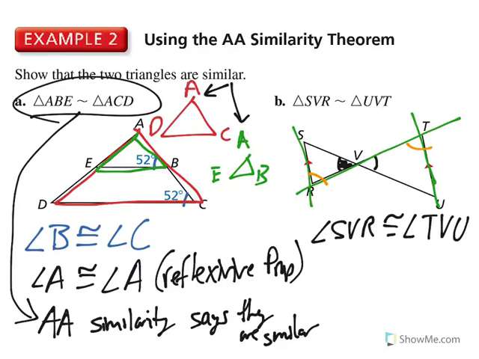And so that means I can make the statement that VRS would be congruent with VTU, either way. And the reason we would know that would be alternate interior angles. And so then, just like the last one, once I'm able to show two angles are congruent, then by AA similarity, I would be able to show that these triangles are similar.